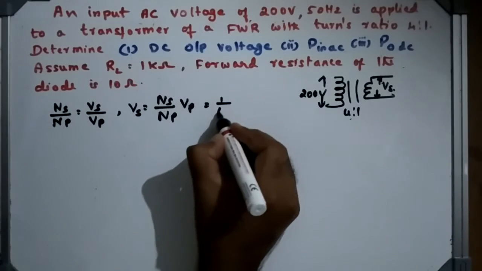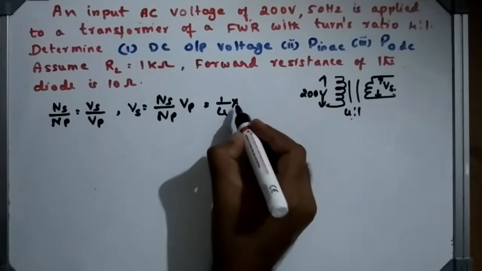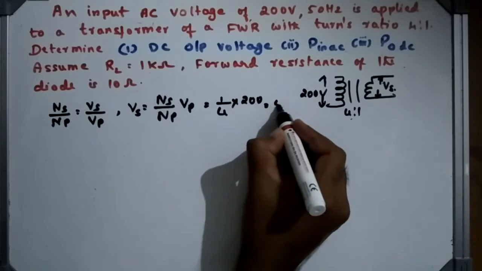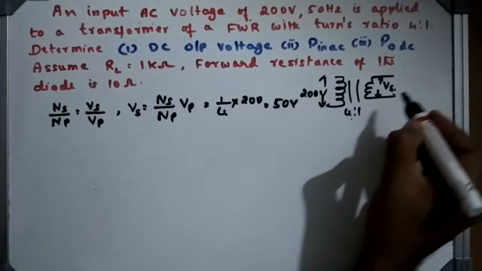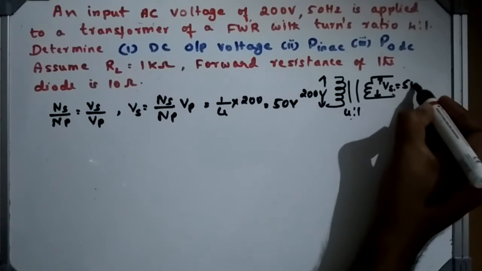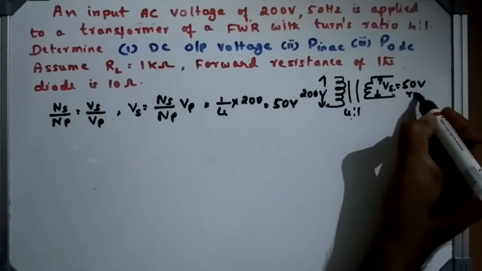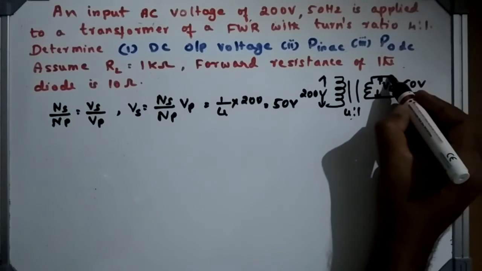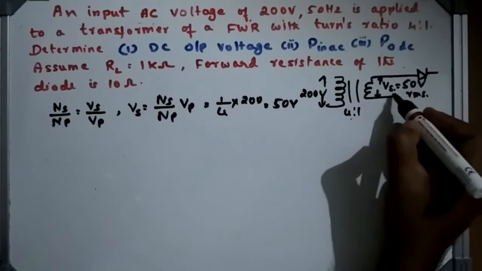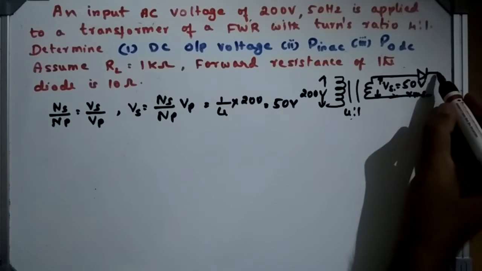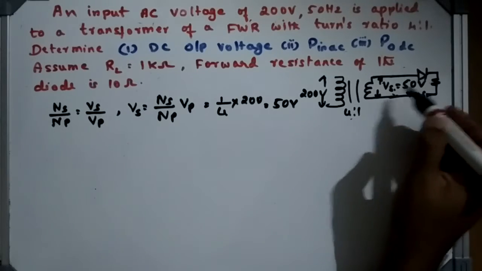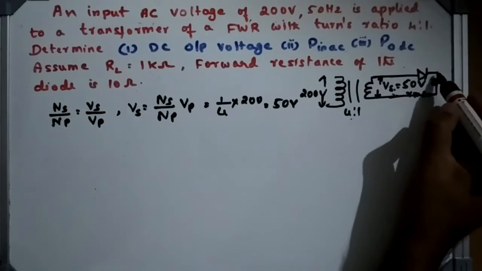This is 1 by 4 into primary voltage 200. This is equal to 50 volt. So this voltage is 50 volt RMS. Now this is applied to a rectifier. Here there will be diodes and a load. Actually any rectifier will do for that matter.